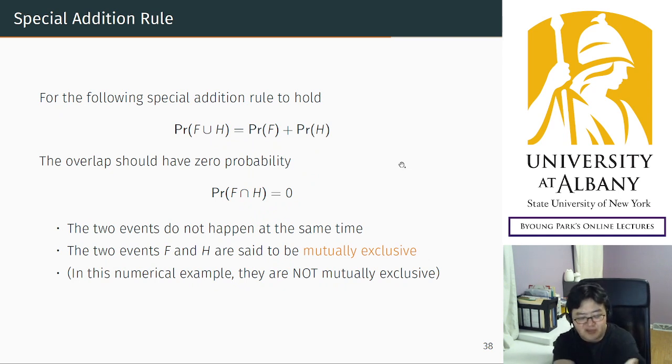The previous formula was a general formula, but some textbooks call this the addition rule. This is a special case, when the probability of the union equals the sum of the probabilities. When is it true? Simply when the additional term is 0.